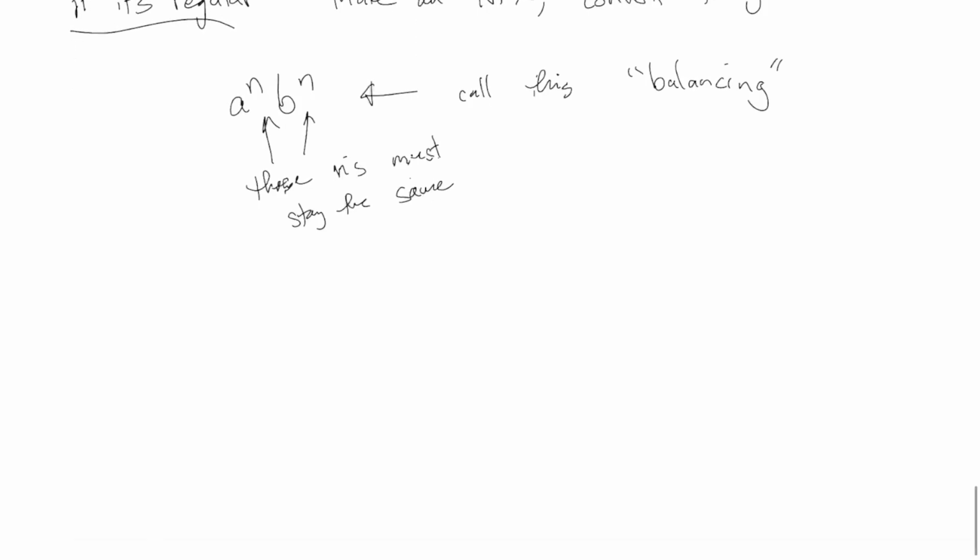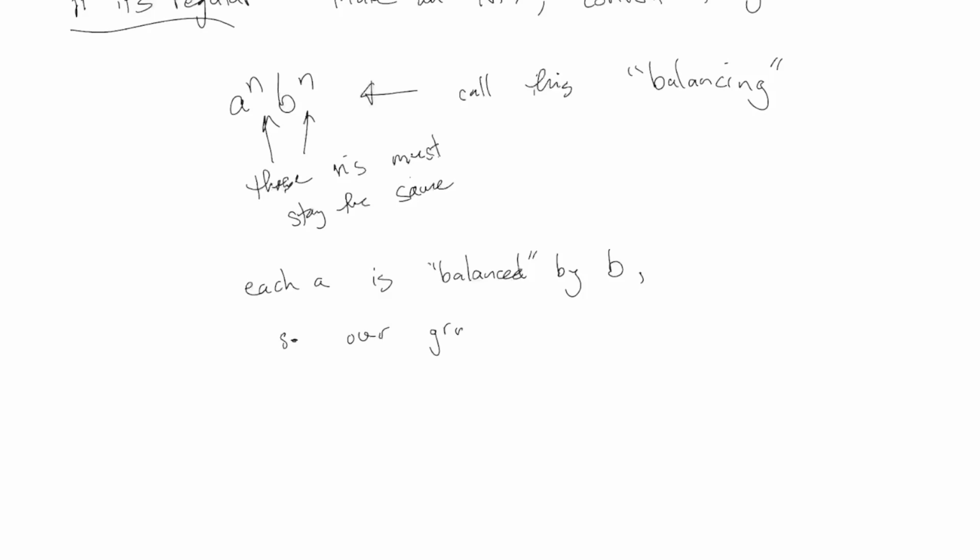Another way to think of this is each A is balanced by a B, right? And the strategy, when you want to make a grammar which has this type of balancing, now that particular example, we already know what the grammar looks like, but the way that you want to think about this, each A is balanced by a B, so our grammar must create the A and the B together in the same production.